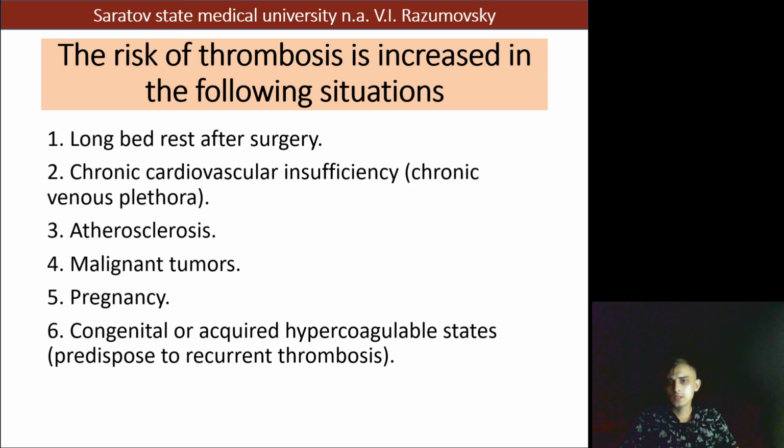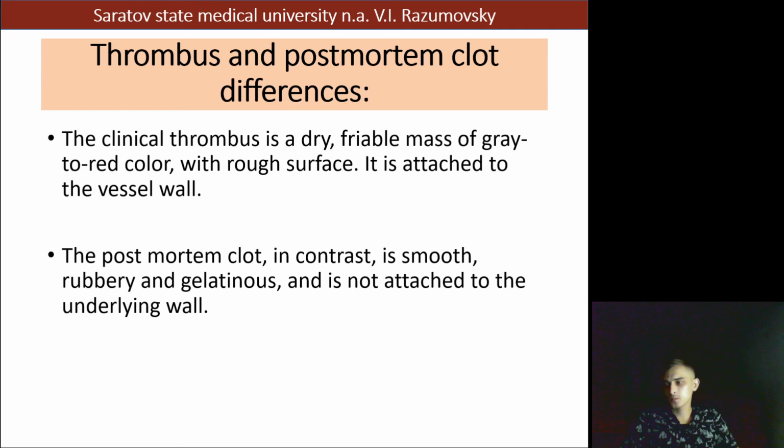Thrombus and postmortem clot difference. In autopsy, you should differentiate between clots and thrombi, because you may find a formation of blood in the vascular lumen, and you should know whether it is a clot or a thrombus.